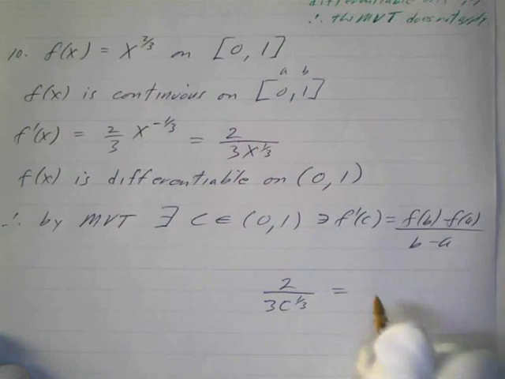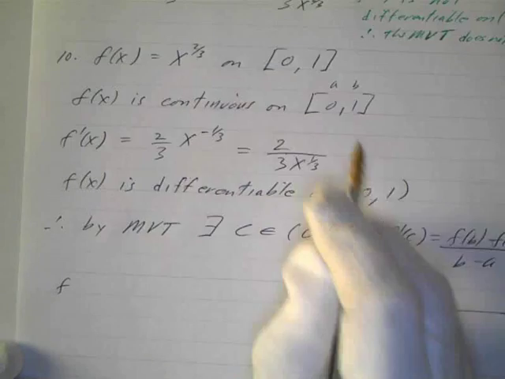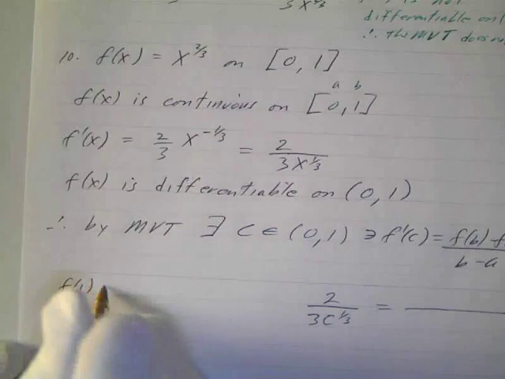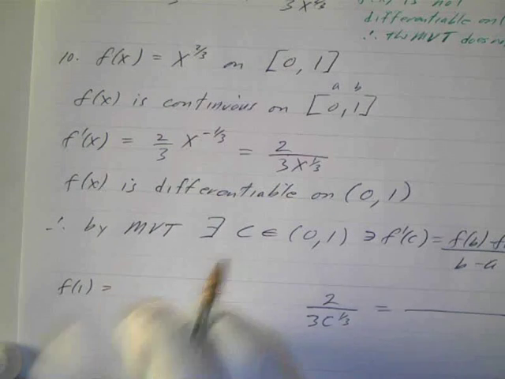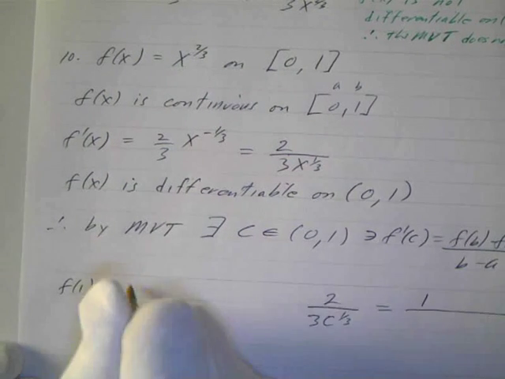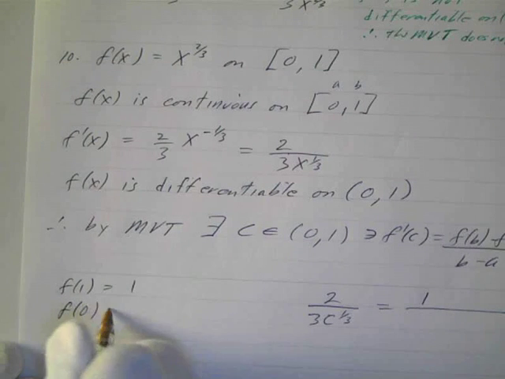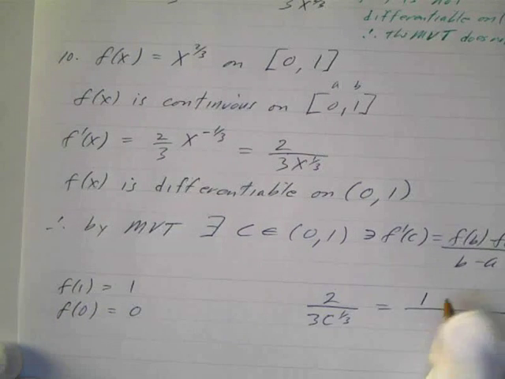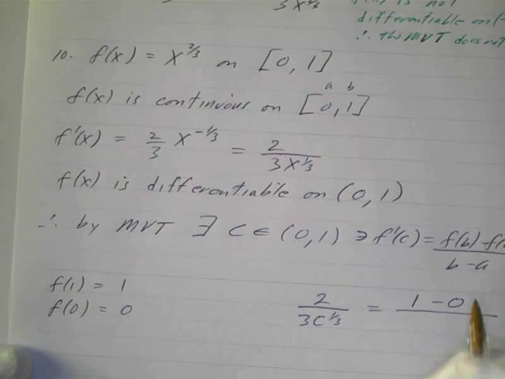That's that, and that's going to equal, and what's f of 1? Well, that's just going to be 1. And then what's f of 0? Well, that's just going to be 0. That's nice. All over 1 minus 0.